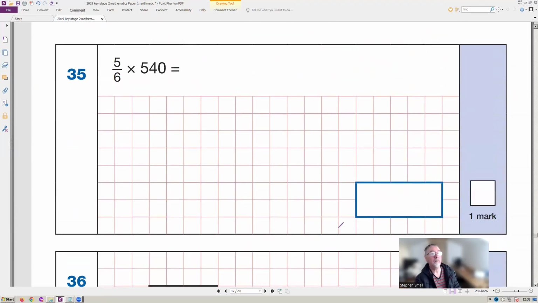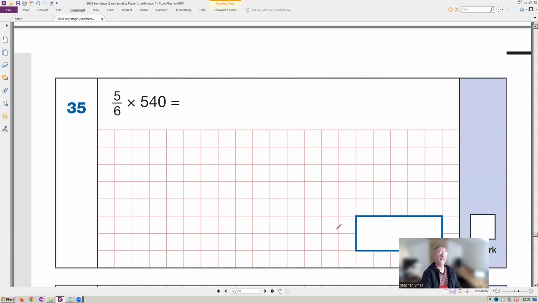Last one. Oh, more than I thought. 5/6 times 540. Remember, this is over 1 when it's nothing there. So we could write the whole thing again as 5 times 540 divided by 6.